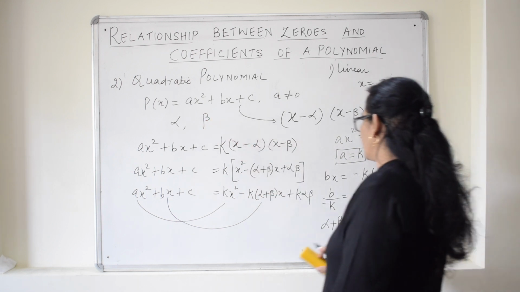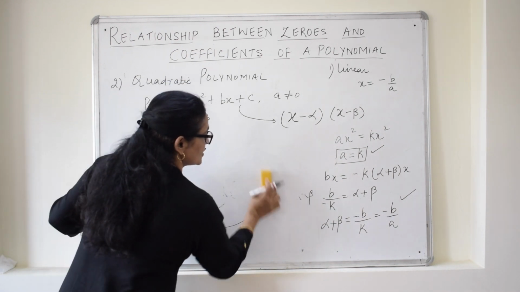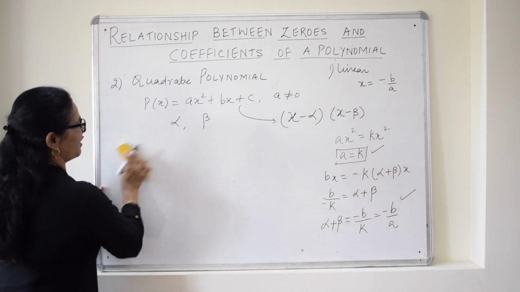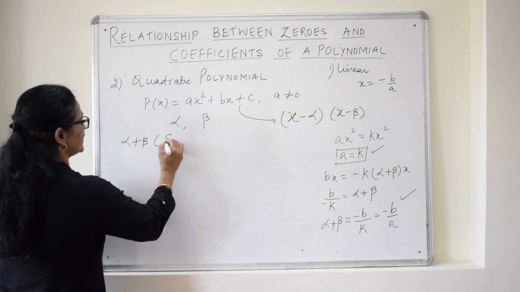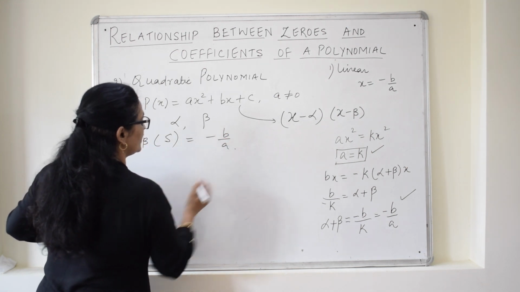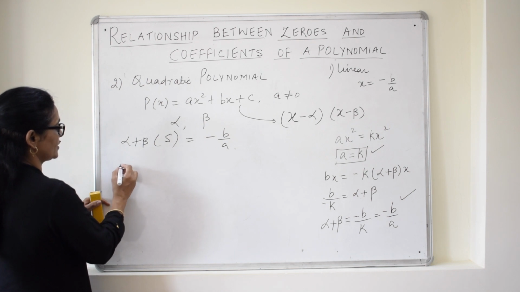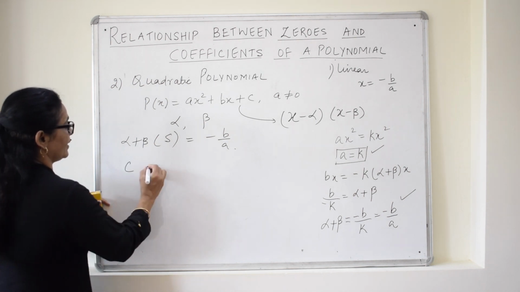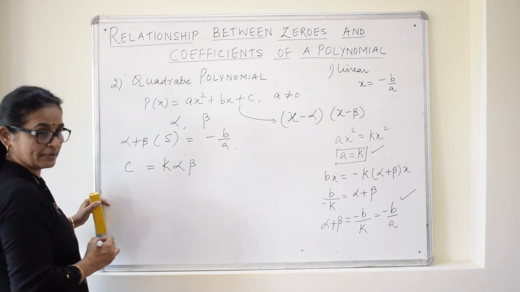So these are the relations. So first we will write, that is alpha plus beta, that is the sum of the zeros, that is minus b upon a. And previously what we saw, the last third term was c, and on the right hand side it was k alpha beta.